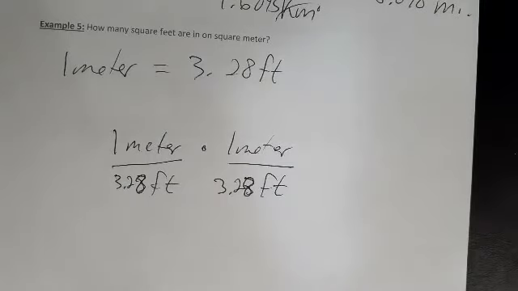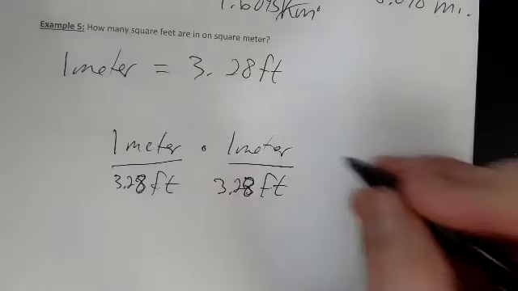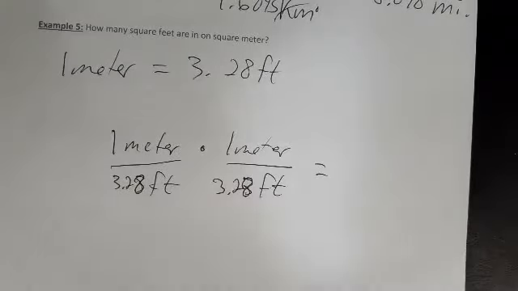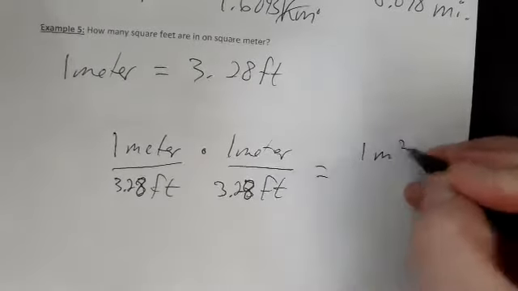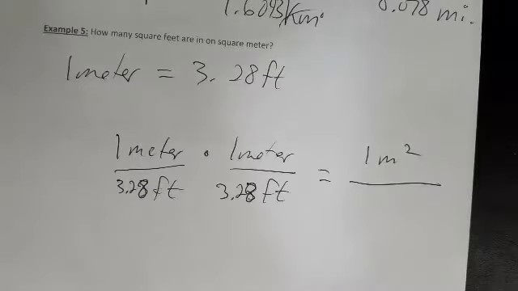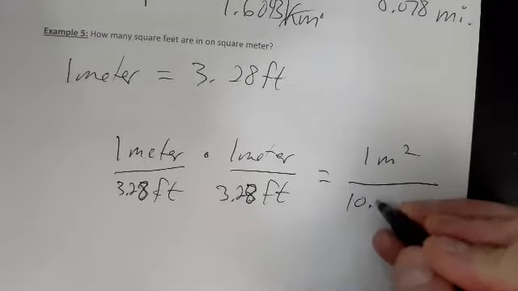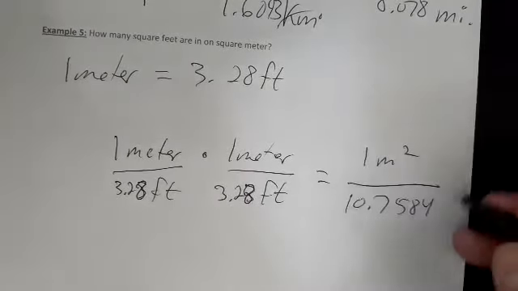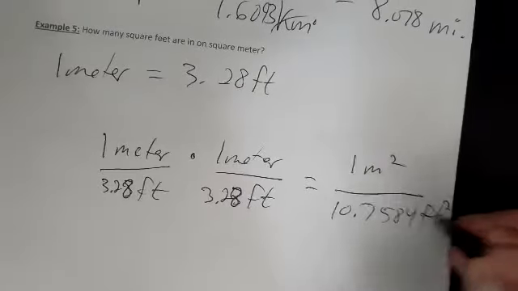I got used to saying yards, and now we're swapping to meters. They're a little bit longer. So every 1 meter is 3.28 feet. So 1 meter squared, and if we do 3.28 times 3.28, we're going to get 10.7584 feet squared.